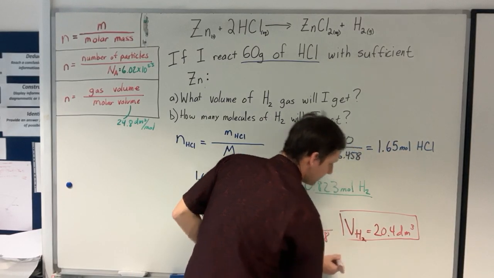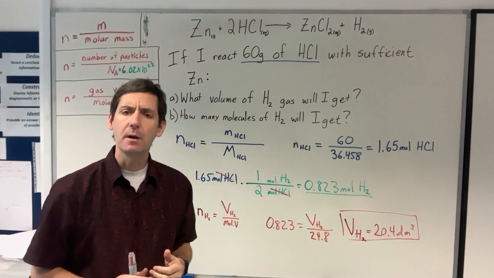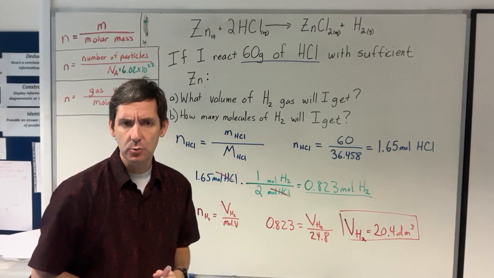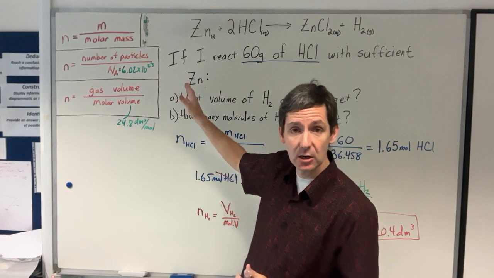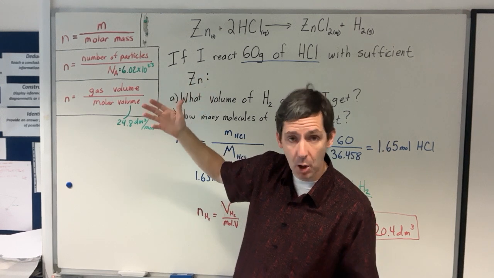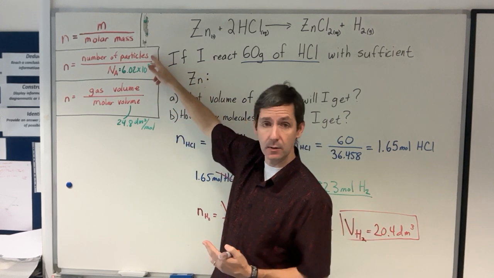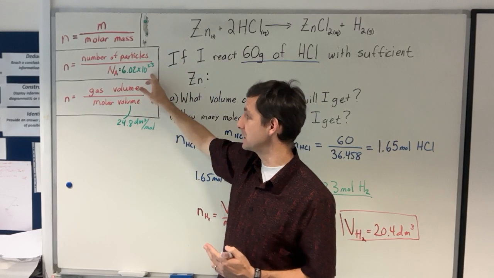Now, the last part of this question asks us to find how many molecules of H2 I will get. Again, I'm going to go to my equations here, and I need to connect to the number of molecules. So that's going to be this right here, the number of particles. I'm not looking for mass, I'm not looking for volume, I'm looking for this.